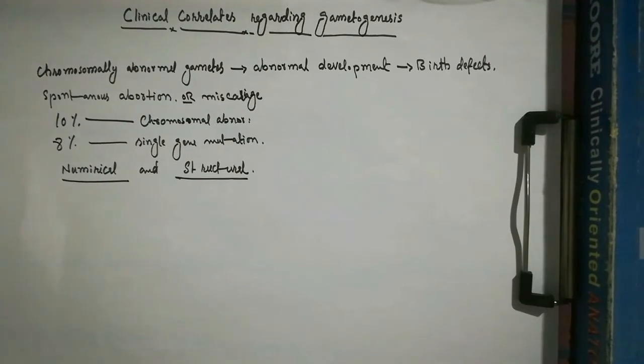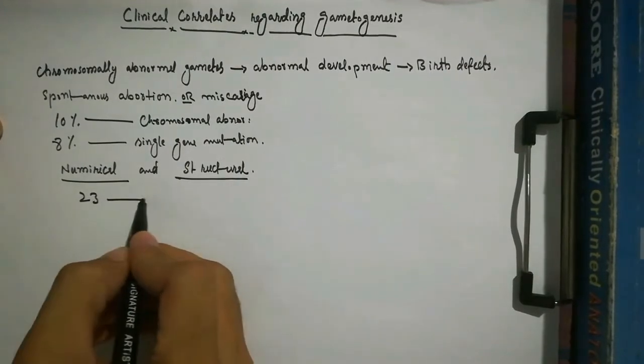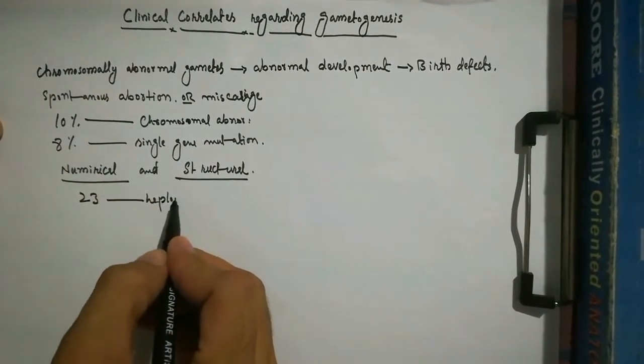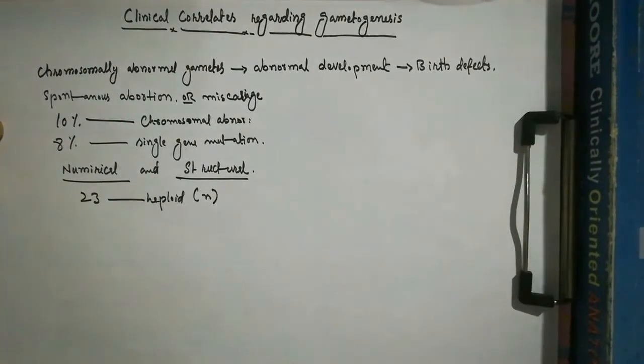Normal gametes contain 23 chromosomes and they are haploid, which is denoted by n. If a gamete has abnormal chromosome number, for example 22 chromosomes rather than 23, this is called numerical chromosomal abnormality.